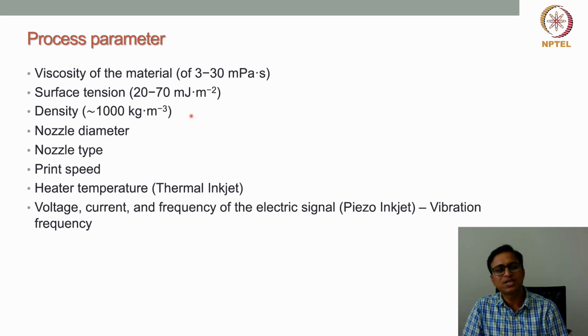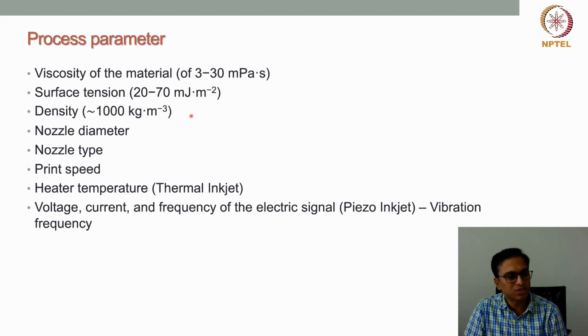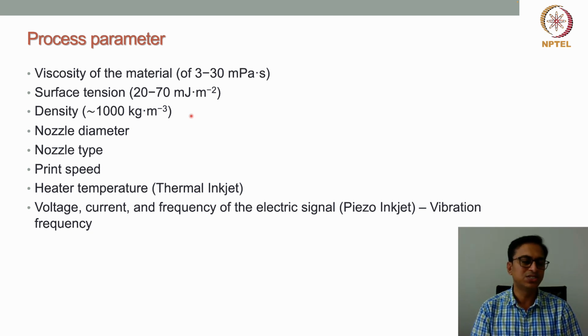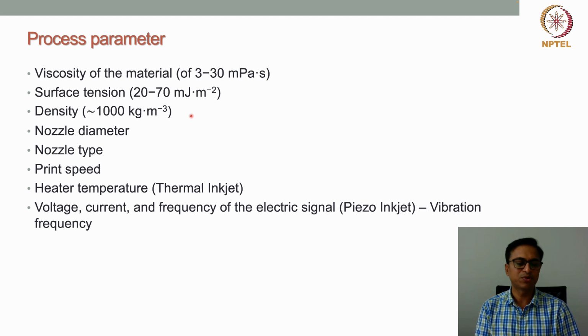So the nozzle diameter is an important process parameter, and depending on the nozzle diameter, the generated droplet size is related to the nozzle diameter. But we need to remember another thing. If the nozzle diameter is decreased, we can produce very fine droplets, but there will be a high chance of nozzle clogging, right?